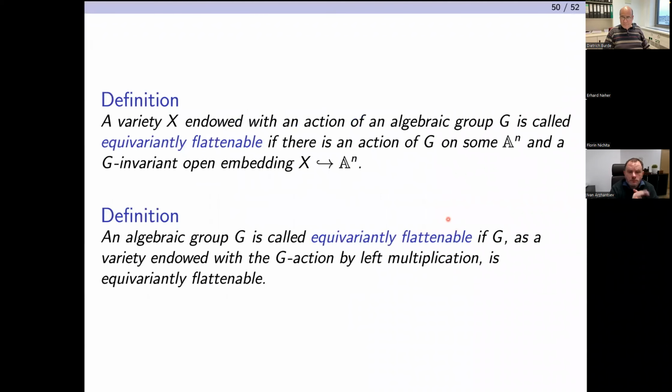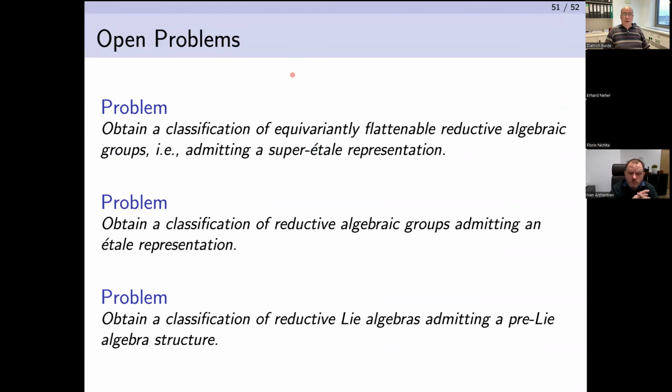All right. So Popov has words which I don't want to explain too long. He calls it equivariantly flattenable with left multiplication, so that his problems are the same as ours. His language is: obtain a classification of equivariantly flattenable reductive algebraic groups.